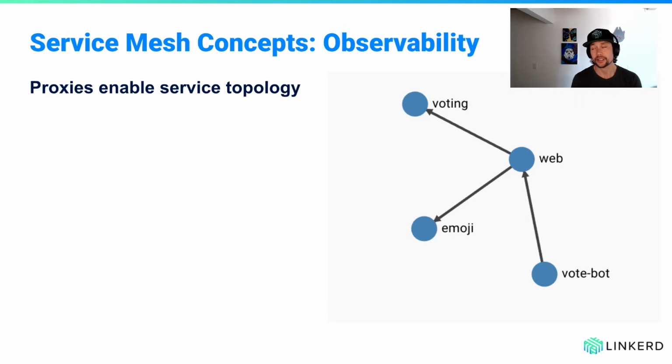We call these edges in Linkerd. There are edges between voting and web and emoji and web, and there also is an edge between VoteBot and web. VoteBot is the generator that's sending requests, and the web service is then sending traffic to voting and emoji. This is a screenshot from the dashboard that I'll show you. This will make a little bit more sense when we look at the dashboard itself.